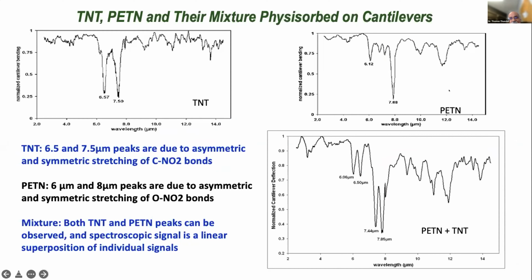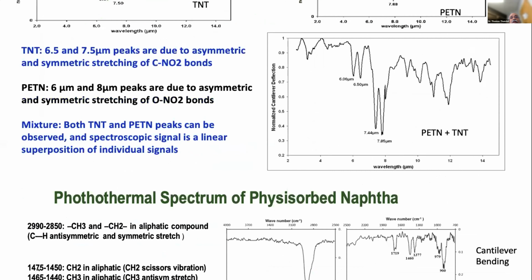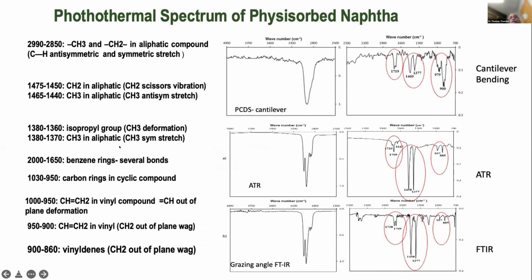This is very exciting in the sense that you don't need any chemical interfaces for selectivity. You can basically use physisorption on the surface and exposure to light of different wavelengths. You can also do a very complex mixture like naphtha.